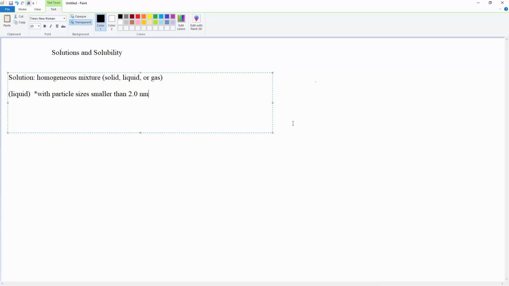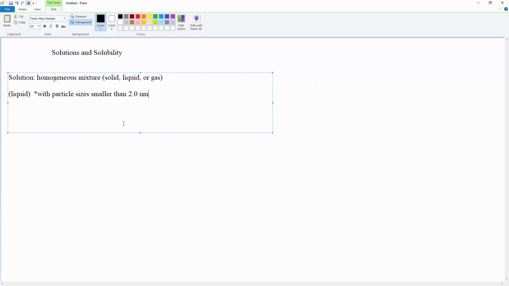But milk technically is not a solution because the light gets scattered. Those larger particle sizes look like a regular old homogeneous mixture, but under normal circumstances, you might separate into several layers.